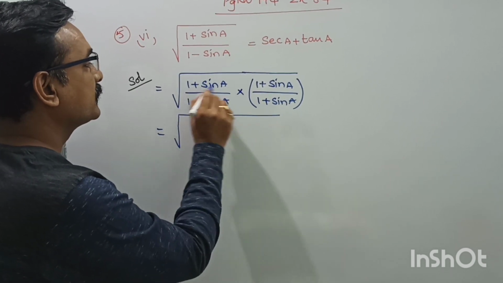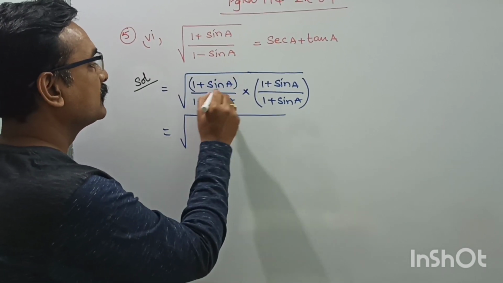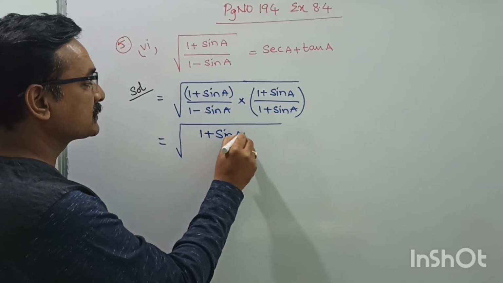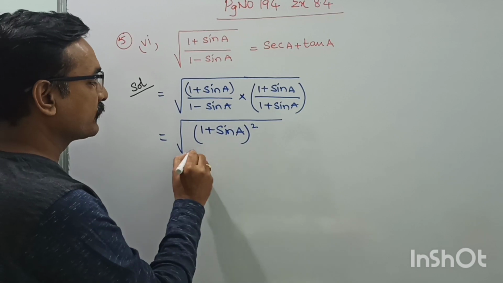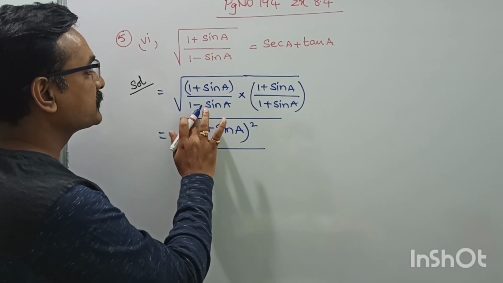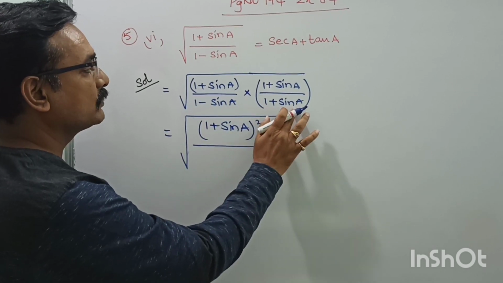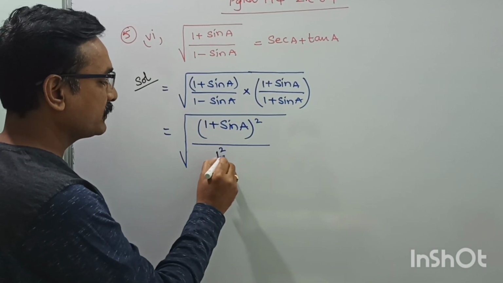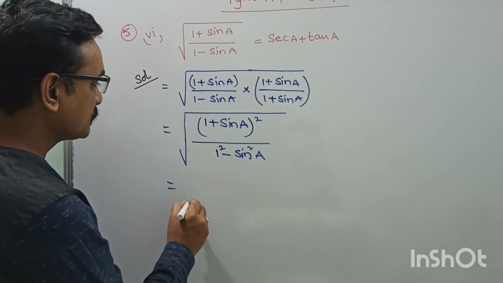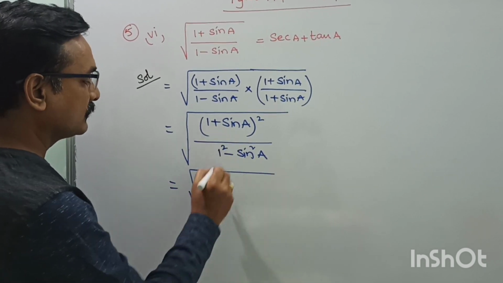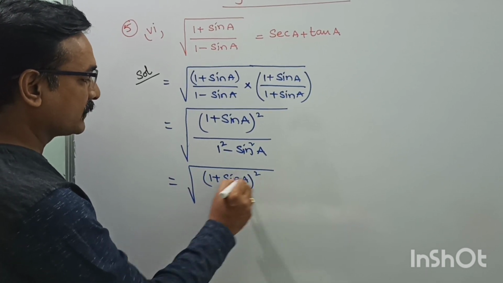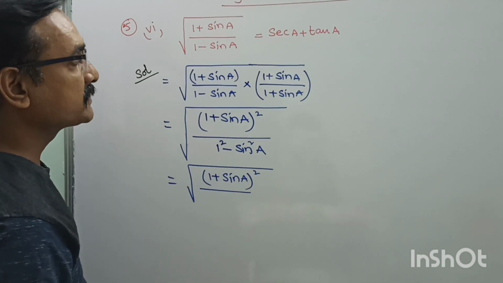Now square root of, the numerator is (1 plus sin a) into (1 plus sin a), which we can write as (1 plus sin a) whole square, and the denominator is in the form of (a minus b) into (a plus b), so we can write a square minus b square. So now root of (1 plus sin a) whole square by (1 minus sin square a).